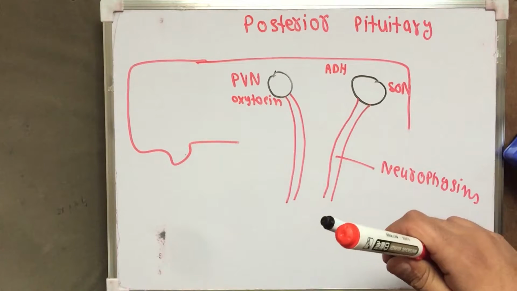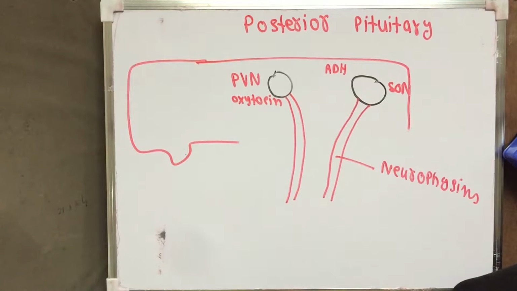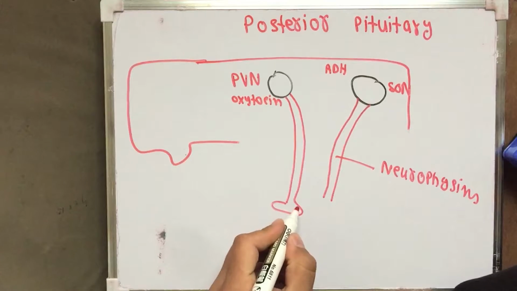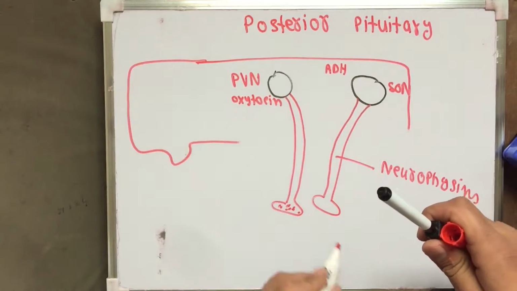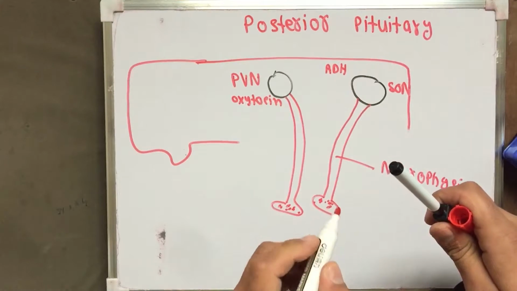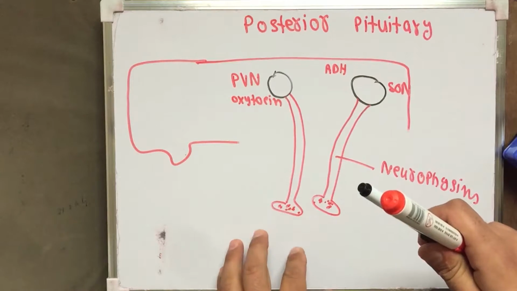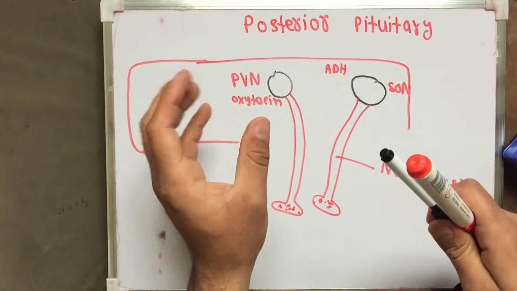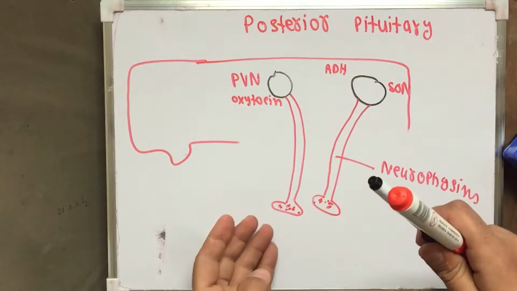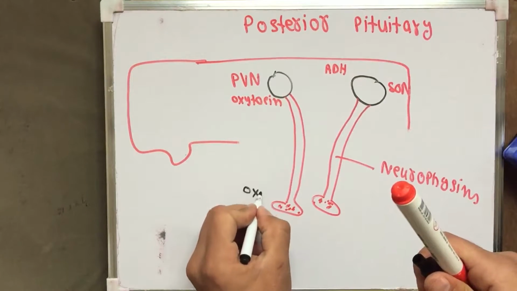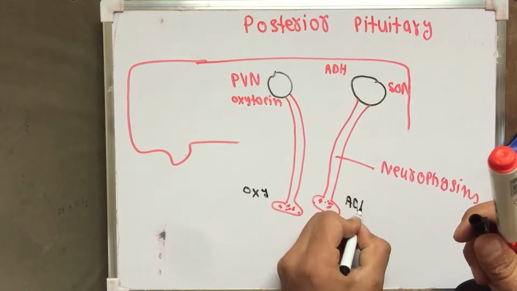Now, this is the region of the posterior pituitary. Here the axons have vesicles at their end in the posterior pituitary. These have stored oxytocin and antidiuretic hormone. Whenever there is a need of oxytocin or antidiuretic hormone, then they are released.